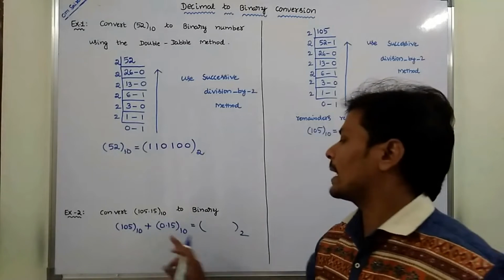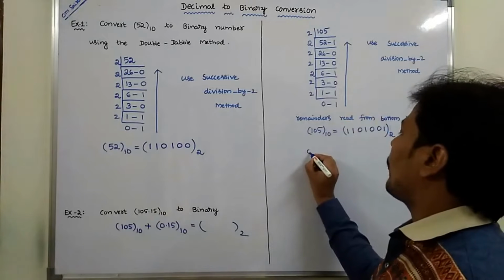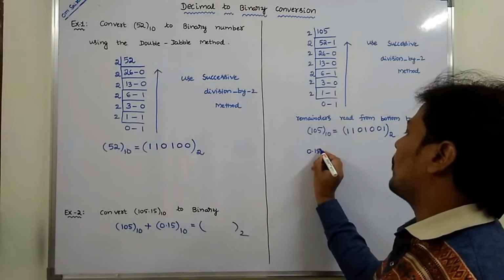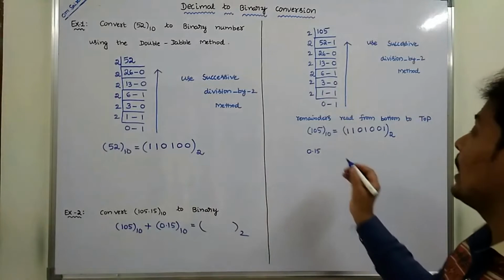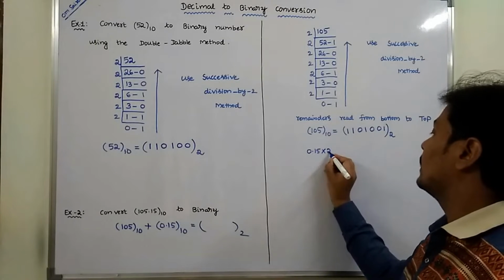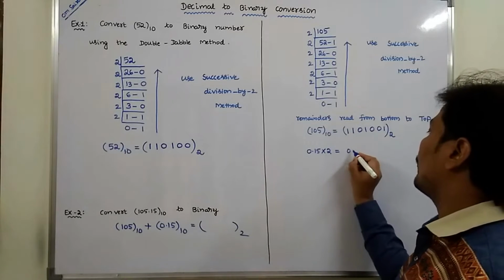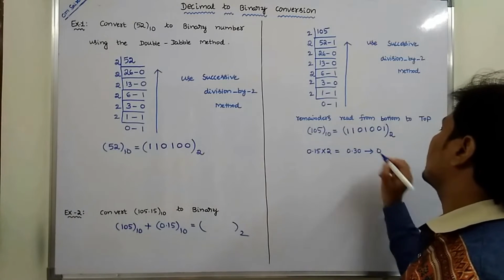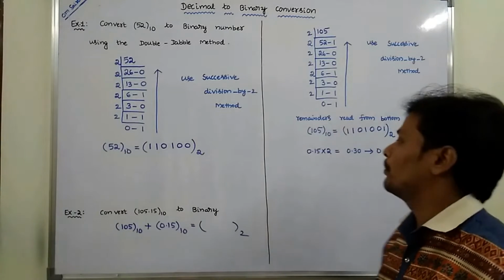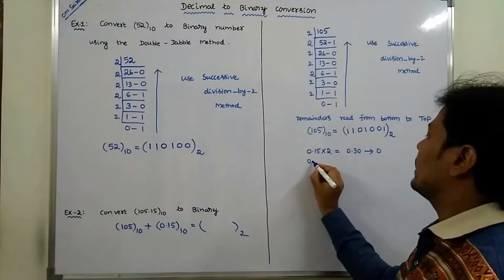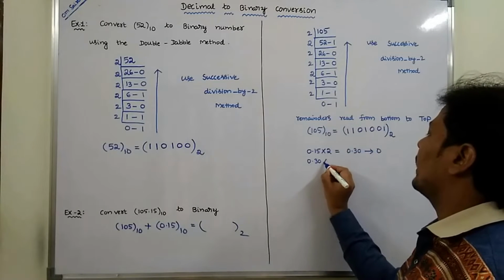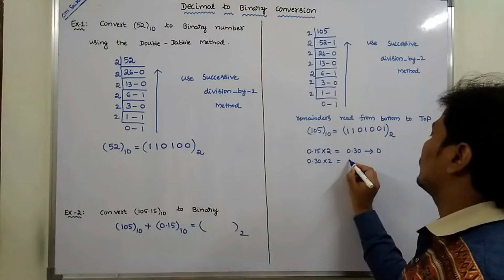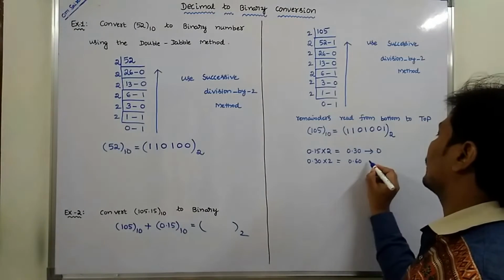Now we go for the second sub-problem. So 0.15 multiplied by 2 is equal to 0.30. We have to separate the integer part, that is 0. Now 0.30 into 2 is equal to 0.60.